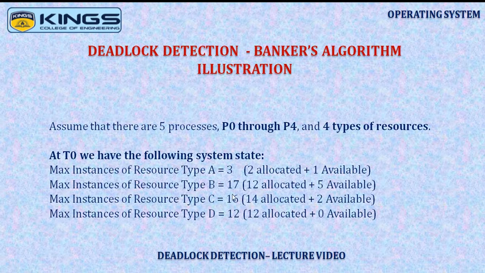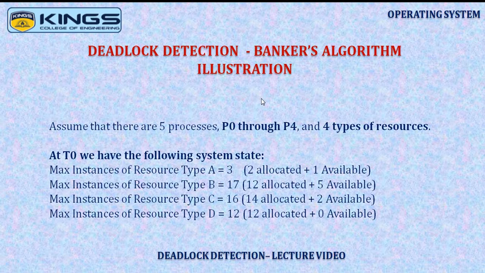Out of 16 resources of category C, 14 are allotted and 2 are left free. Moving on to resource D, there were 12 D resources. Out of 12, all 12 are allotted to the processes and there is no resource D left free. So this is our state of the system.